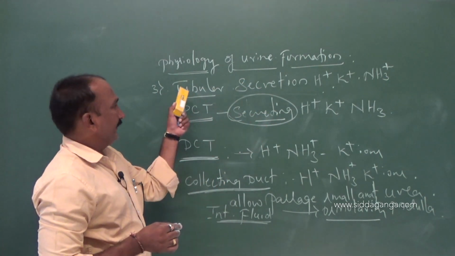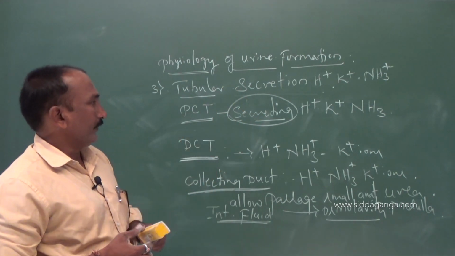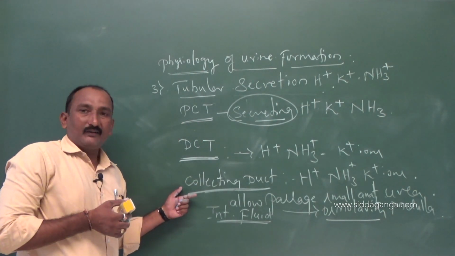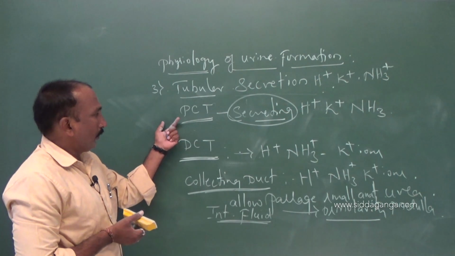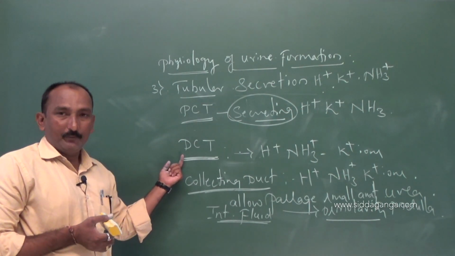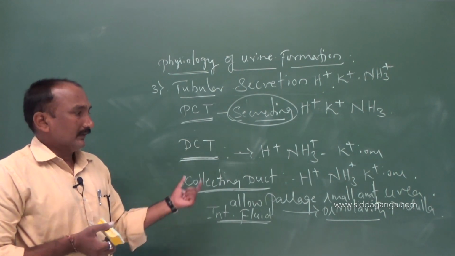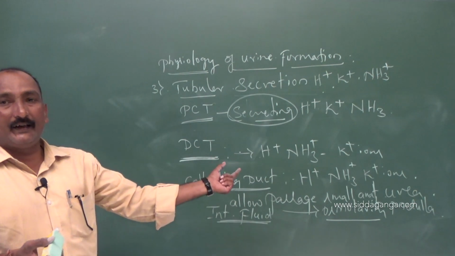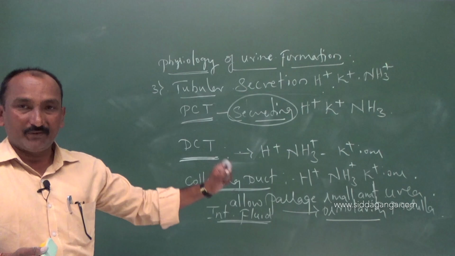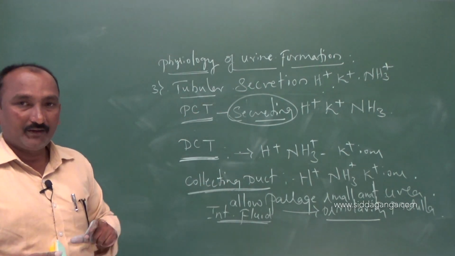Through the various tubular parts of the nephron, mainly the proximal convoluted tubule, distal convoluted tubule as well as the collecting duct, they are involved in secreting ammonia, hydrogen and potassium ions into the filtrate. The process is known as tubular secretion.